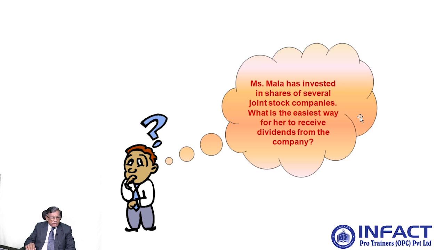Mala's bank in turn credits the proceeds into Mala's account. This is the way the cycle happens when you present a dividend or a check into your account for collection. So now the question is, what is the easiest way? Is the physical movement of the dividend okay, or do you want to get the dividend money directly to your account through some electronic mode? Let us see how this operates.